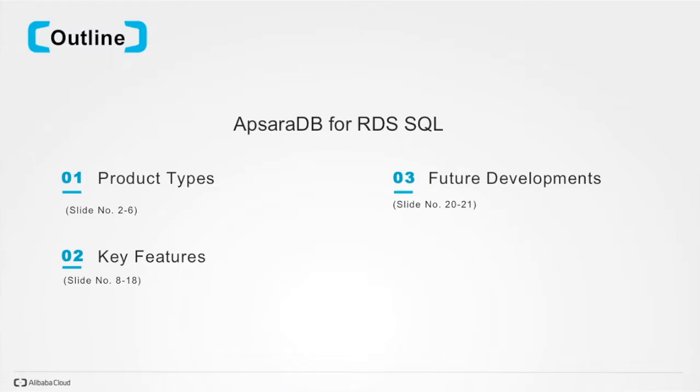As you can see, today we will explore three topics regarding RDS for SQL. First, I will introduce you to the product types of SQL Server, including deployment types, versions, and what instance you can choose. Next, I will discuss the key features of RDS for SQL.